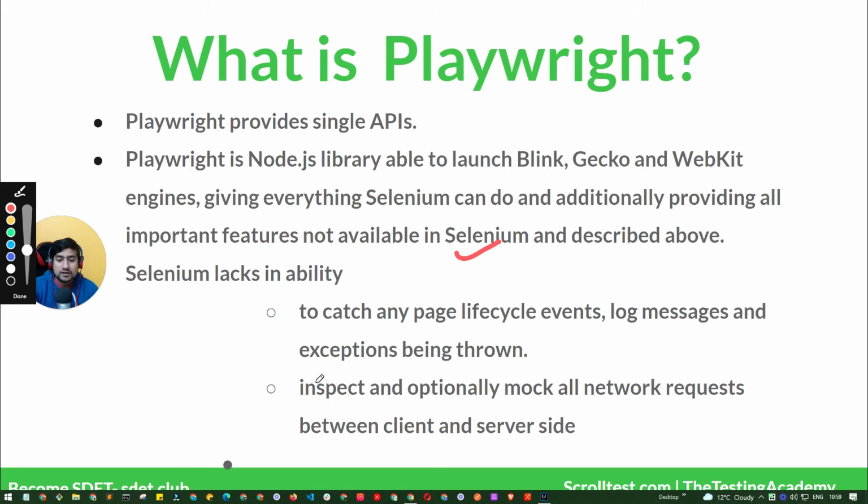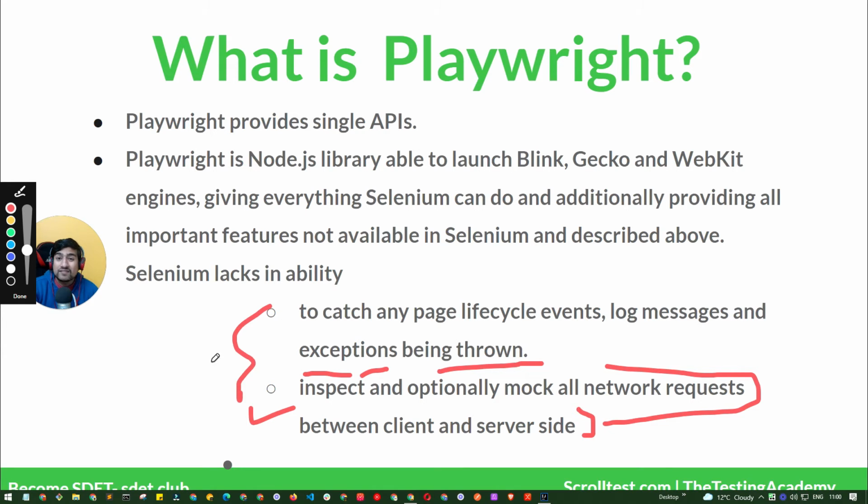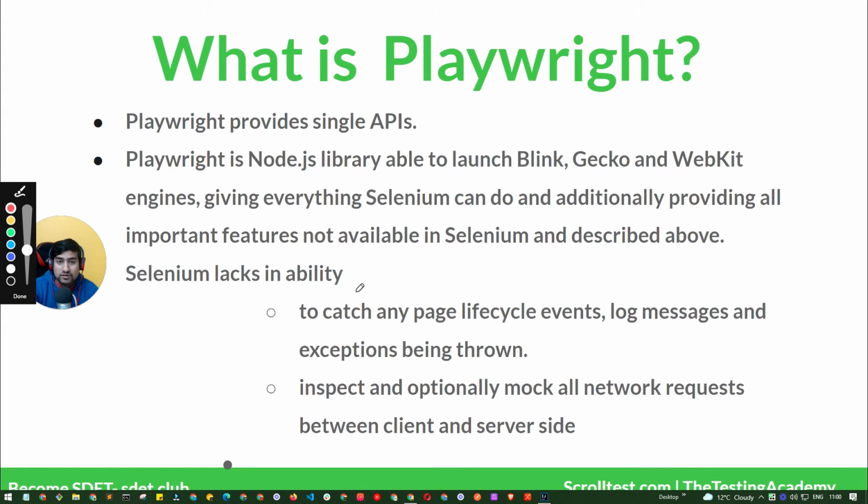Features like inspect, mocking network requests, and others are not available in Selenium. So if you are automating any modern web application, and you understood the previous videos, I would highly recommend Playwright for end-to-end UI automation. It will also provide you the three browsers, cross-browser.